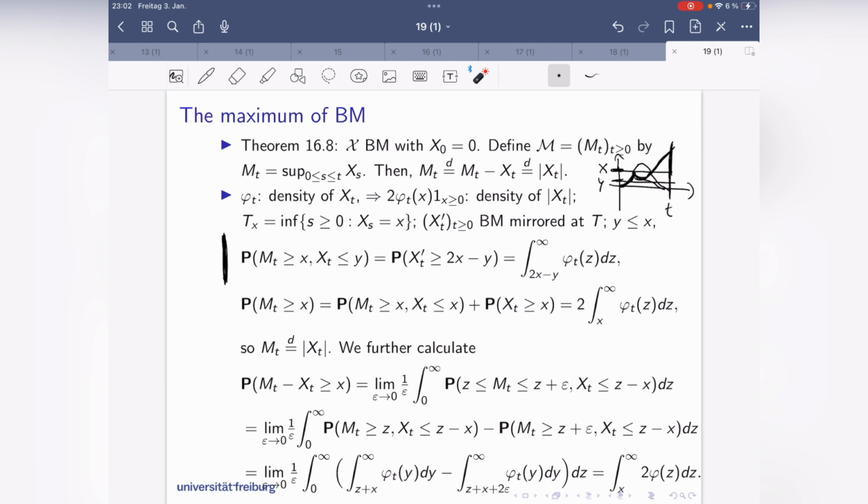But now, well, okay, what's this difference here? That's the difference. I'm integrating from z plus x to z plus x plus 2 epsilon. And I integrate 1 over epsilon here. I have 1 over epsilon here. And what remains here is phi_t of z plus x.